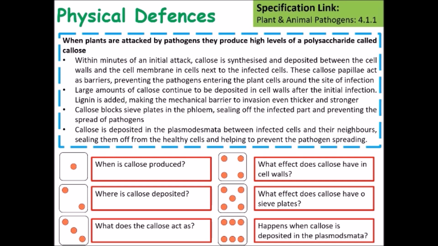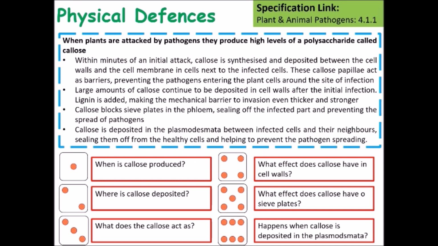These callose deposits act like barriers, preventing the pathogens from entering the plant cells around the infected site. Large amounts of callose continue to be deposited in the cell walls after the initial infection. Lignin is added, making the mechanical barrier to invasion even thicker and stronger.